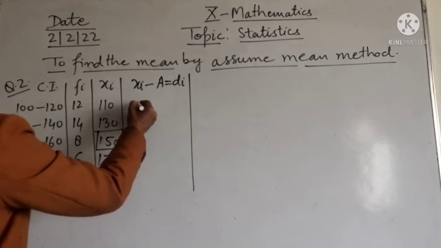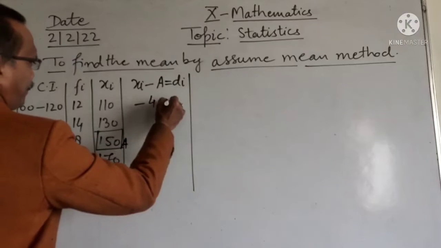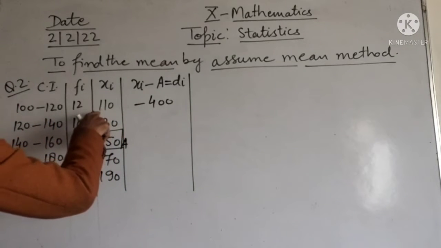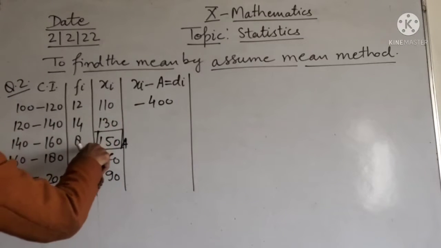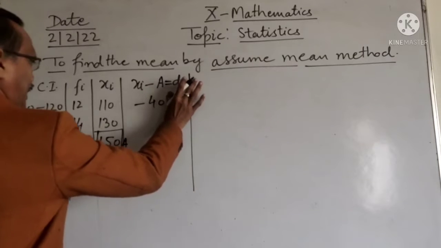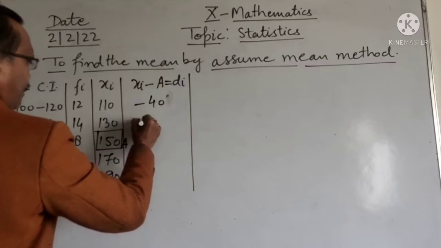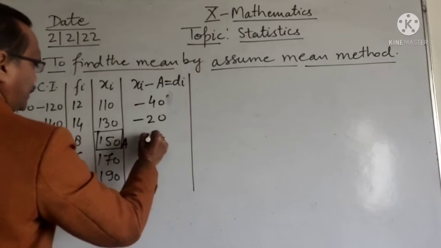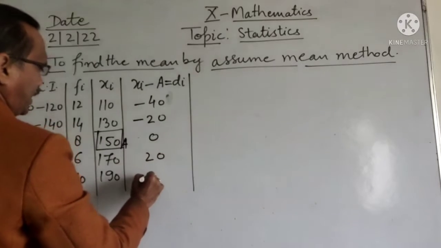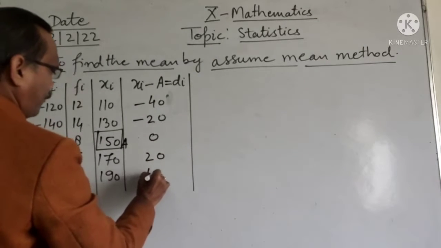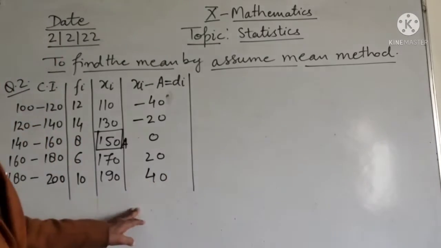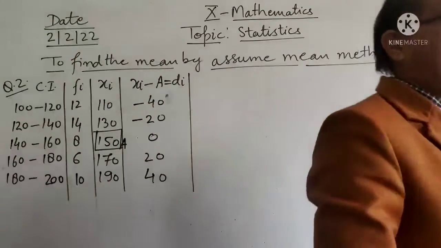Then 110 minus 150 is minus 40, then minus 20, 0, plus 20 and 40. That is Di.